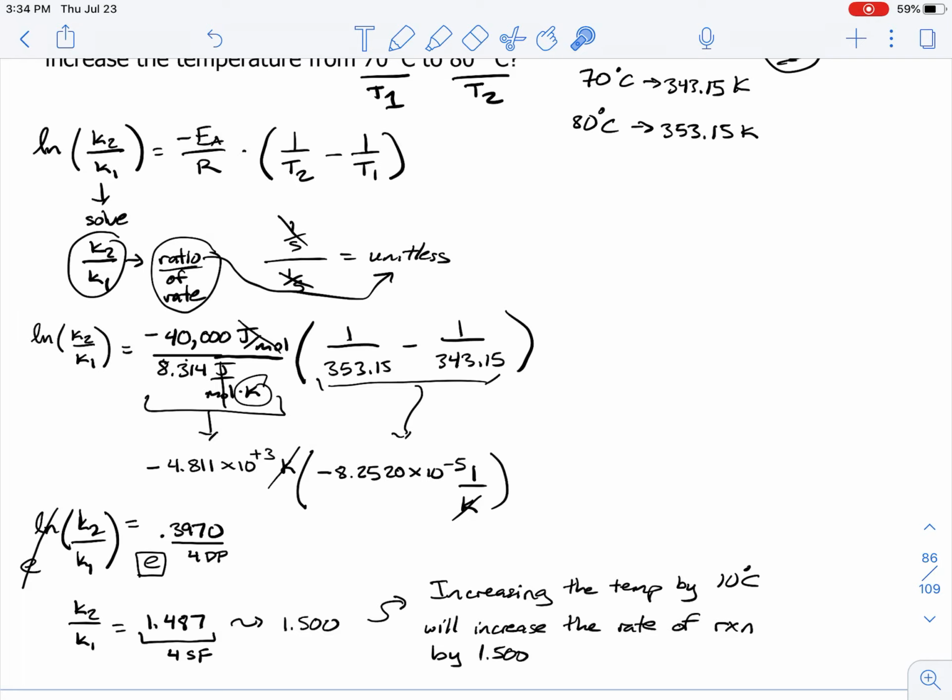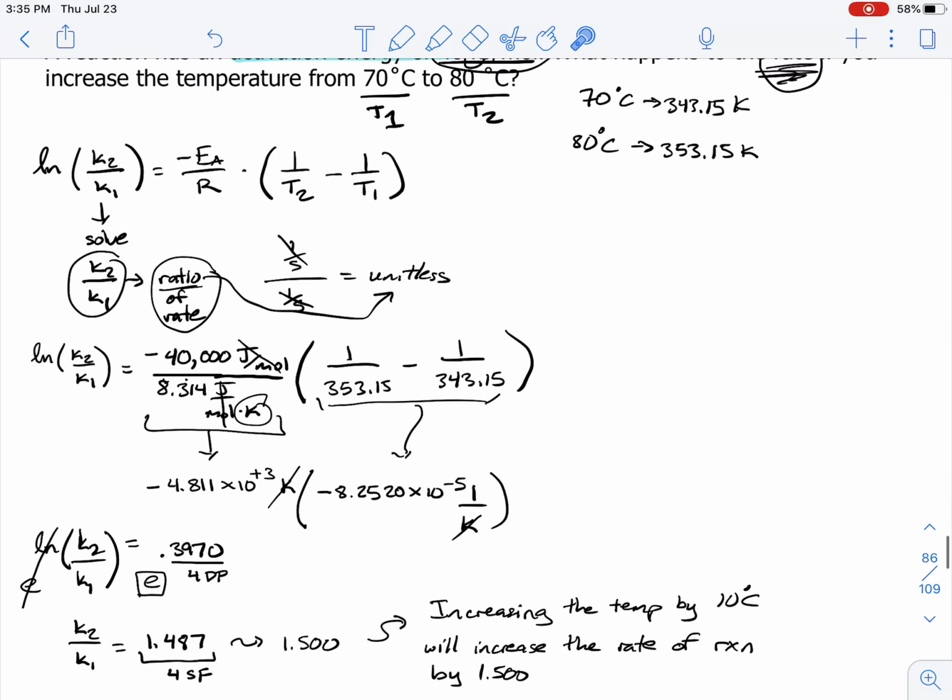We can also figure out what K2 is if we know K1, EA, T2, and T1. Or if we're given K2 and K1, and if we're given EA and T2, we can figure out what T1 is or something like that. And so as long as we know all of the given values except for one variable, we can go ahead and solve for it using the van't Hoff equation.